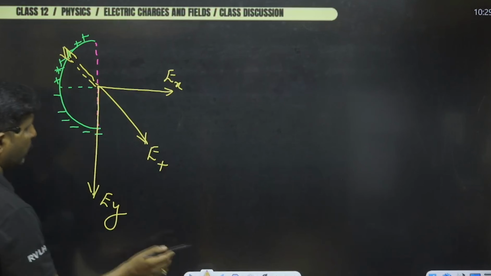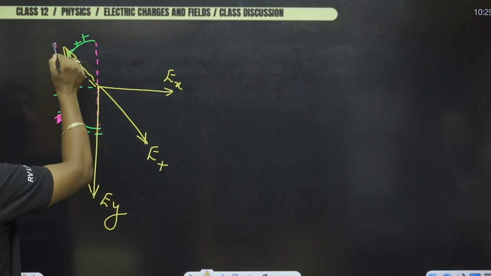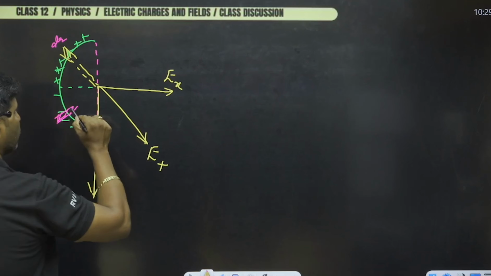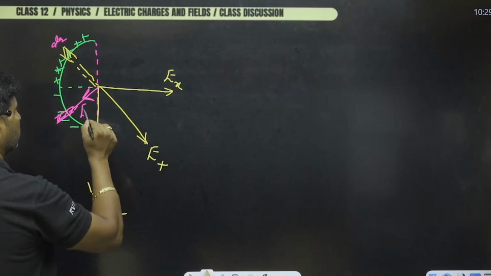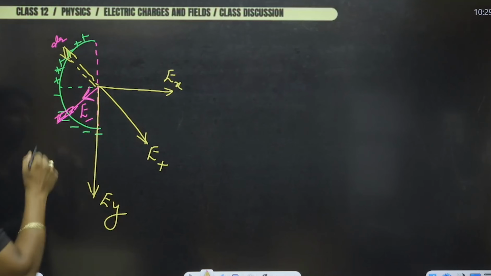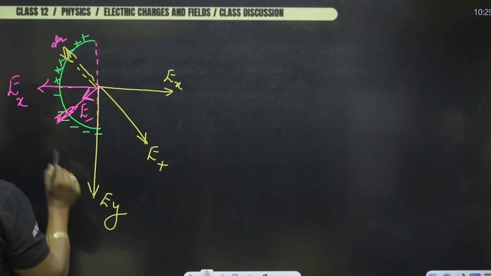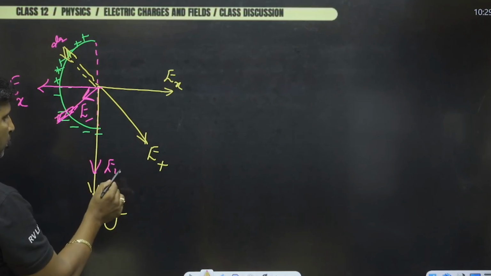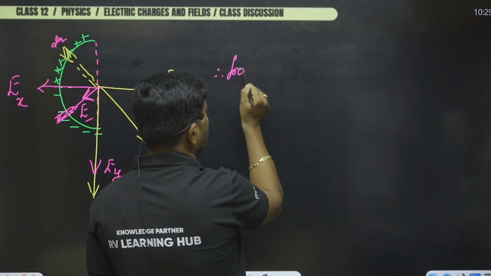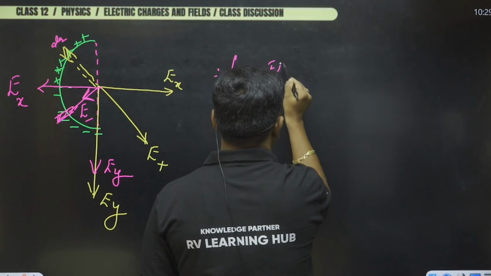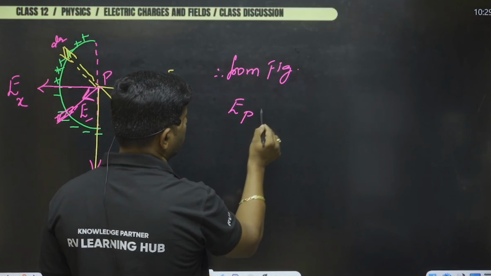Similarly, whenever we consider the lower half, since it has negative charge, please make sure about this, the field is directed as shown here. So we can resolve it into two components, one is E along x, another is E along y. Is it right?